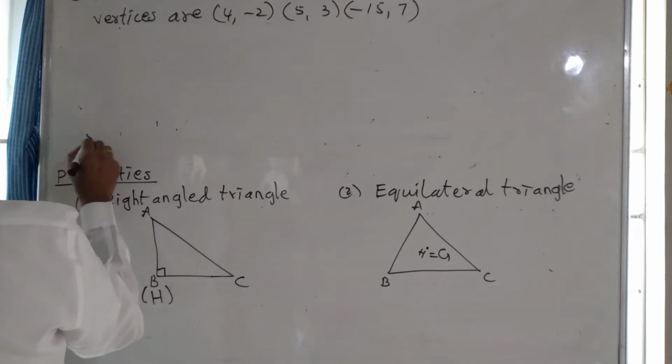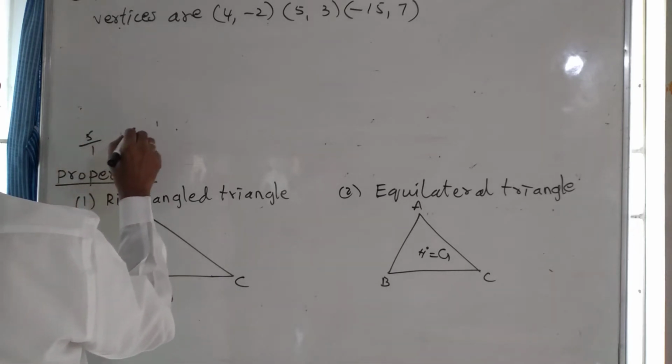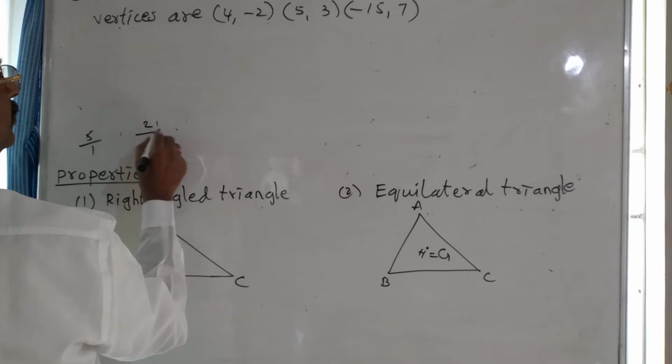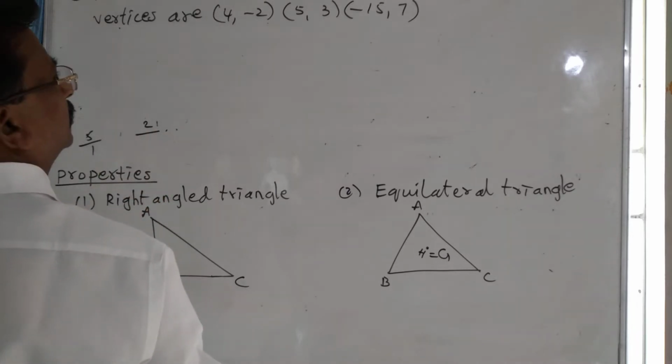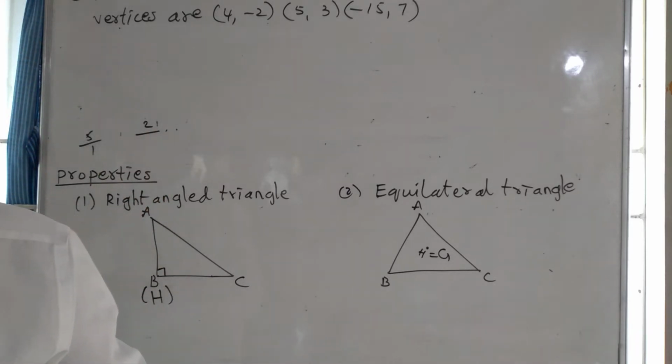Okay, 5 by 1. This one 2 by 3 minus 2, 5 minus 1.